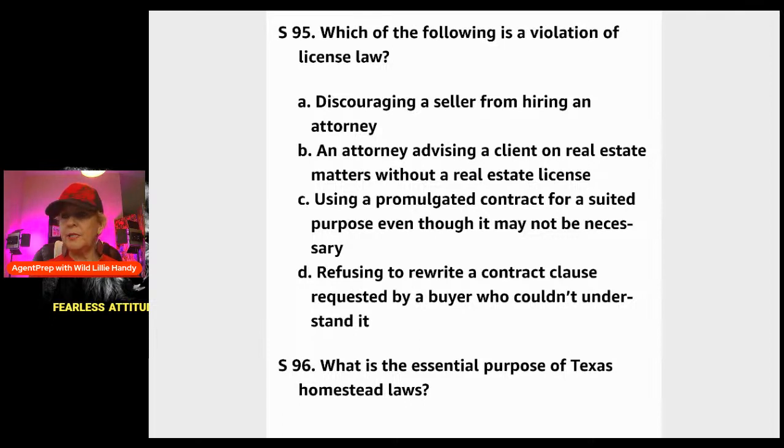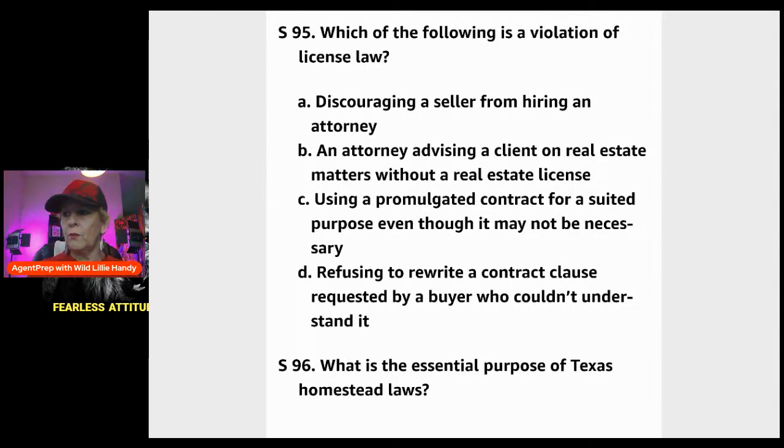So type your answer in the chat. Okay, so far we have A and A. Anyone else? And yes, the answer is A, discouraging a seller from hiring an attorney. Sometimes clients will go to a real estate attorney, okay, to close the transaction.